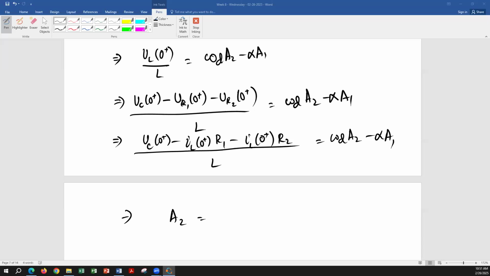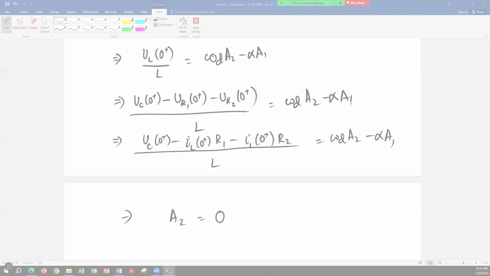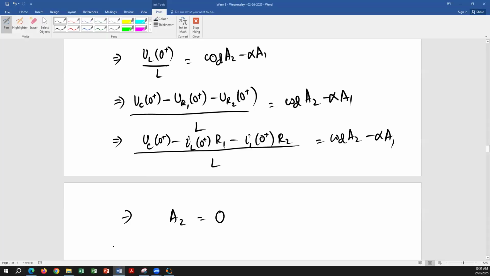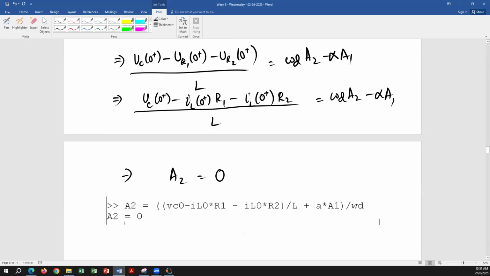Okay, so A2 is coming out to be 0 for me. Check if your A2 is 0. Getting 0?